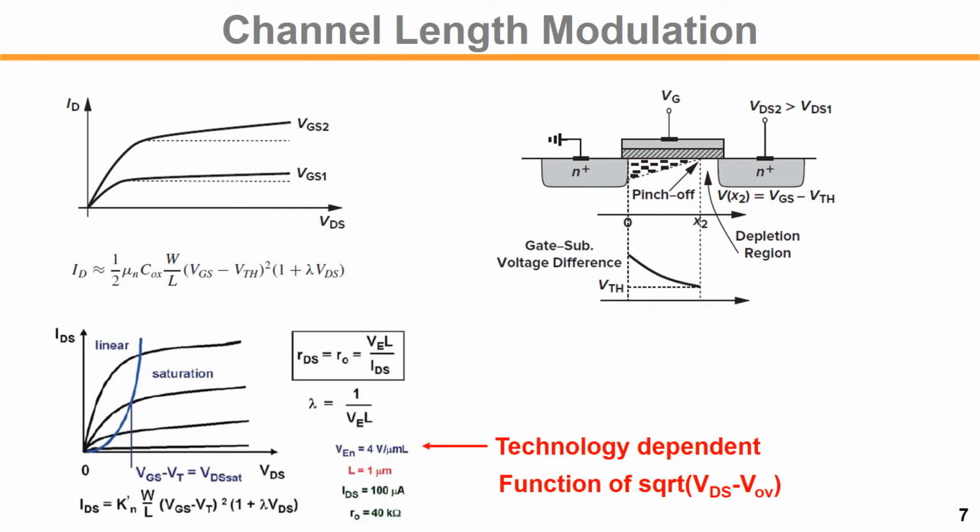Now the question is, we want to know the slope of this, 1 over RO. That is the slope of that curve. That creates the small signal output resistance. We have RO in parallel with this current source, and that determines the quality of the current source.